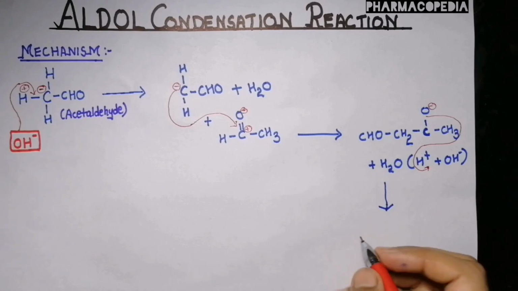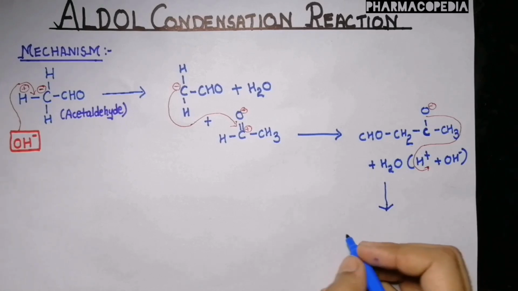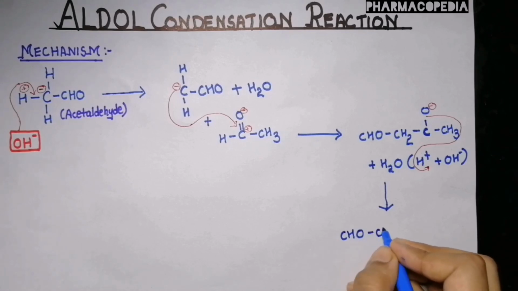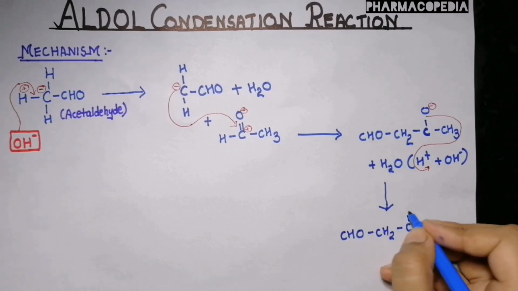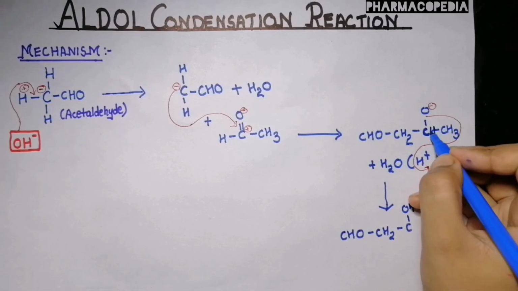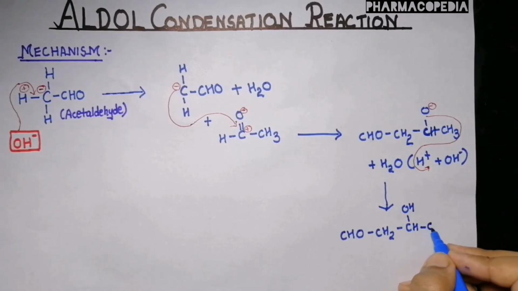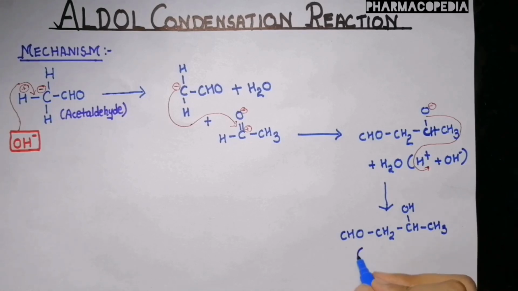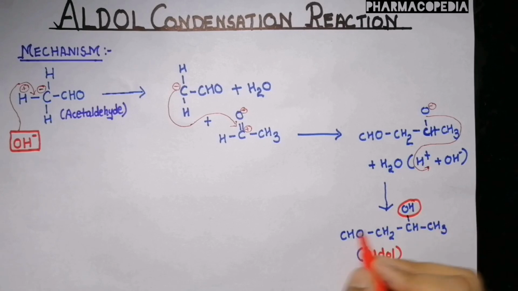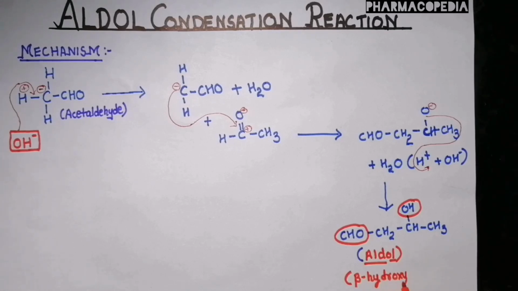Alcohol, basically aldol, that is CHO, CH2, and CH3. This product is known as aldol because it has the alcohol group and the aldehyde group. That's why it is known as aldol. Ald for aldehyde, ol for alcohol, and this product is known as beta hydroxy aldehyde.